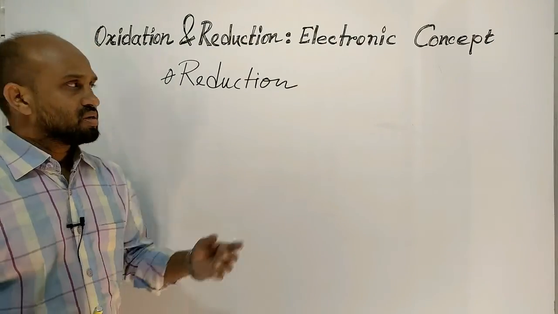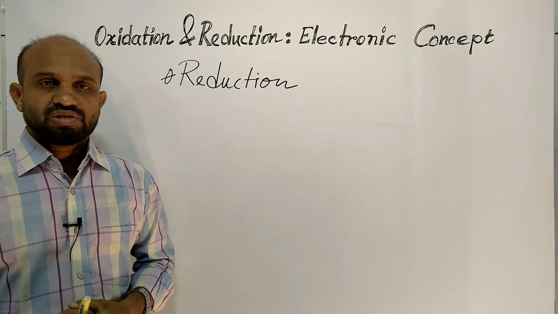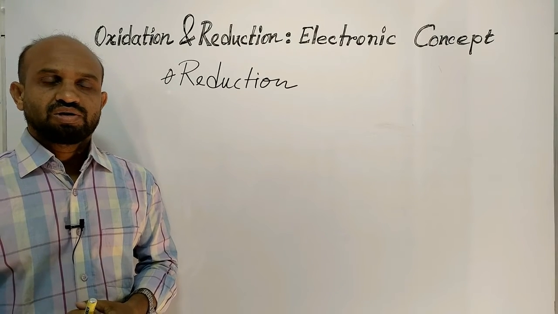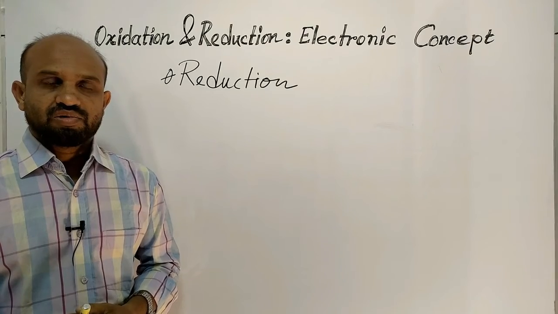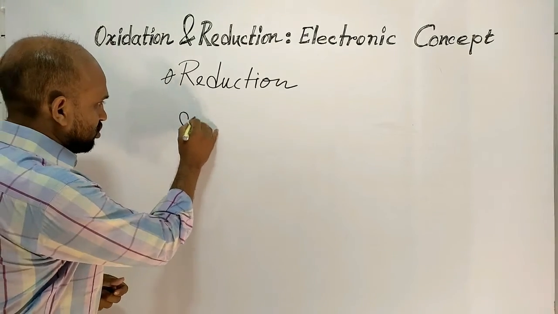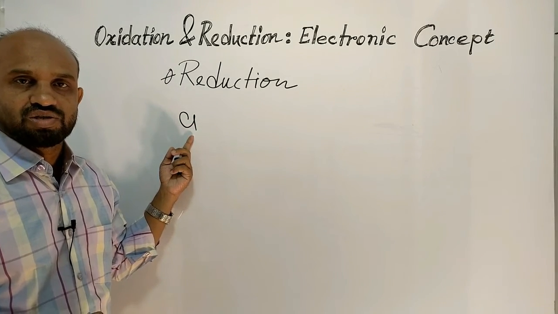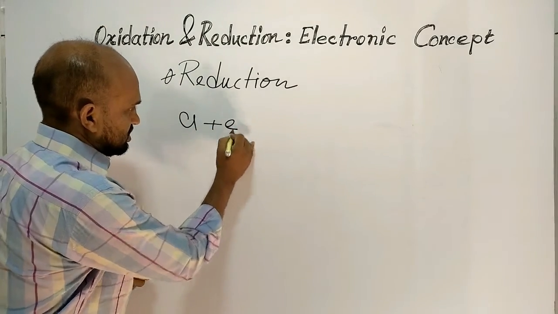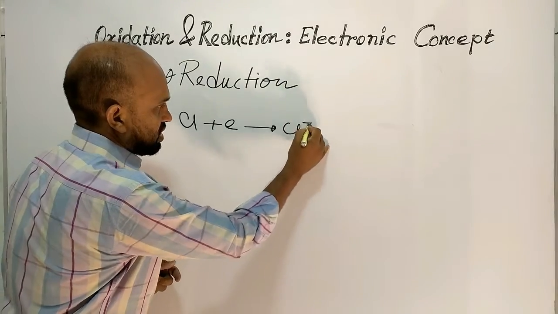Now the point is reduction. Reduction is a process in which gain of electron or electrons occurs. Now let's see some examples. Suppose chlorine, at the time of compound formation, especially ionic compound, gains 1 electron and chloride ion is formed.